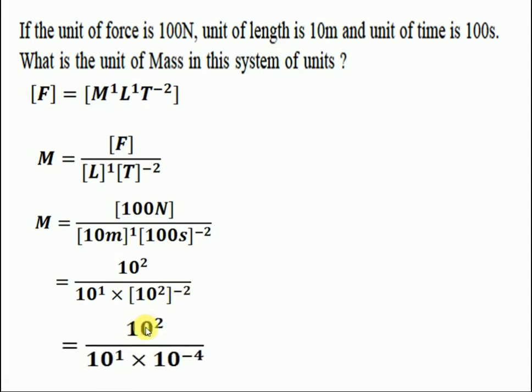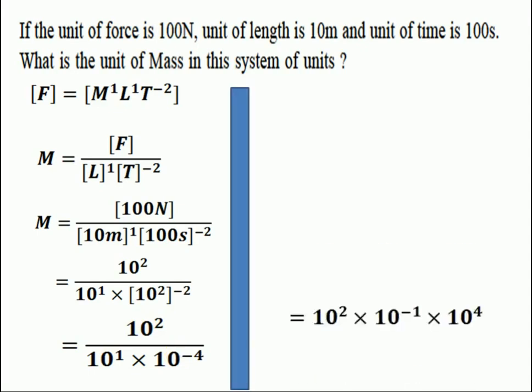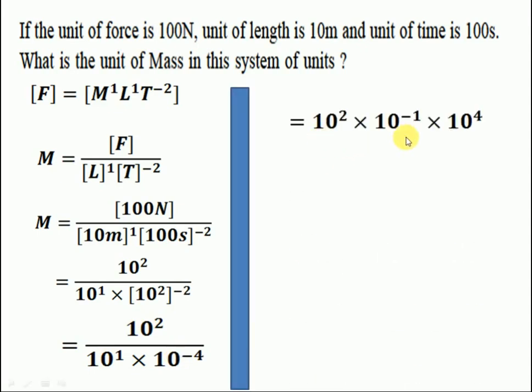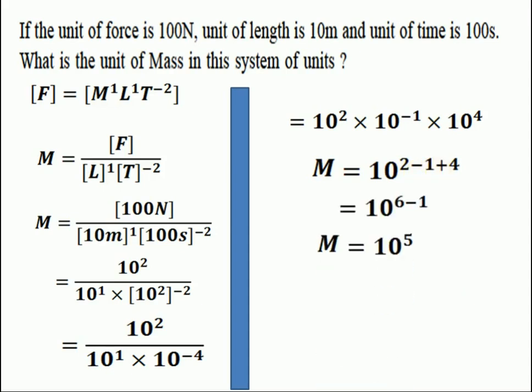So you will get 10 square divided by 10 into 10 to the power minus 4. I'm taking all the 10s to the numerator, so that is 10 square and 10 to the power minus 1, 10 to the power plus 4. So m is equal to 10 to the power 2 minus 1 plus 4, 10 to the power 6 minus 1, m is equal to 10 to the power 5. So unit of mass is 10 to the power 5 kg.